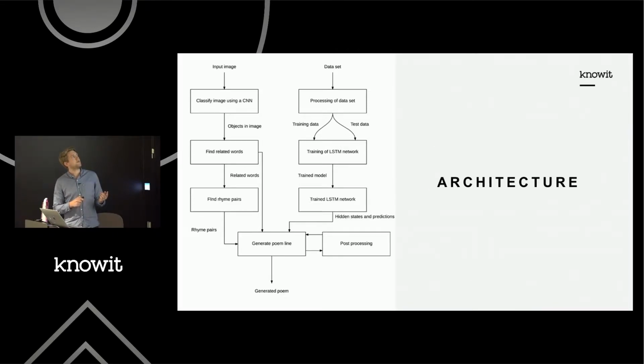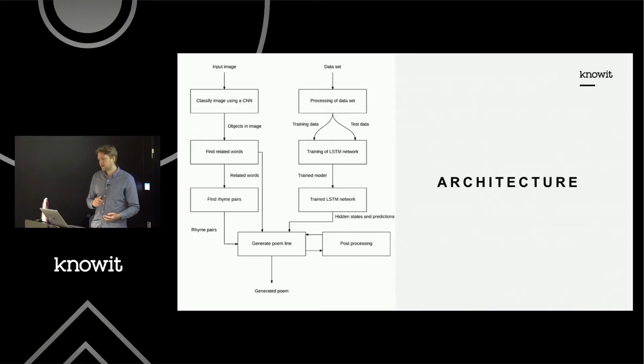Then I find related words to the boat, and here we have a bunch of related words, maybe sea, water, whatever. And then I find rhyming pairs that I'm going to use in my poem, so that the poem rhymes. This is one input: I have rhyme pairs and related words from this branch here on the left side with the image.